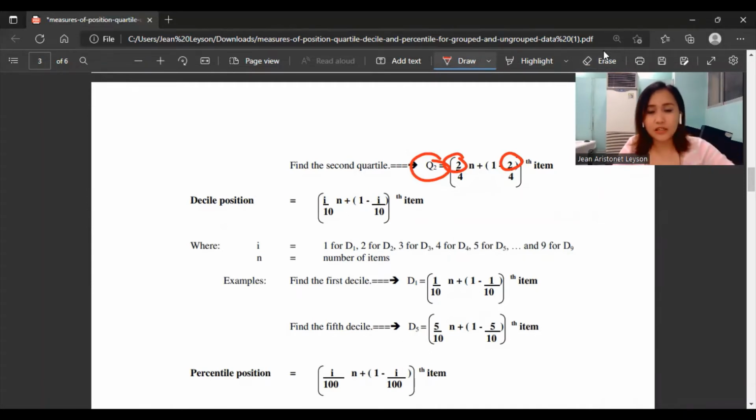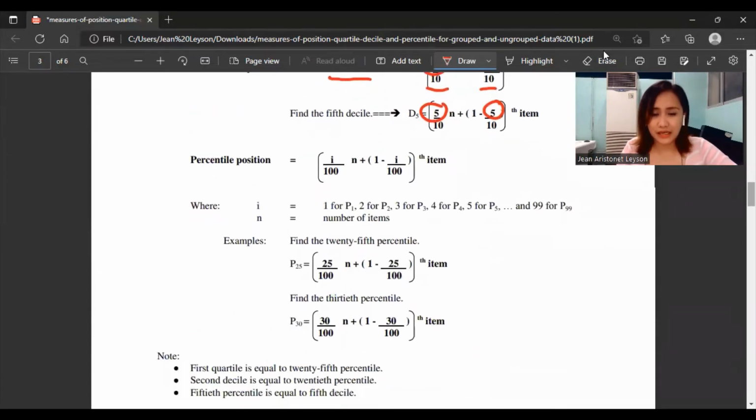So still substitute I with 1, 2, 3, 4, 5, 6, 7, 8, and 9, depending on what decile we are looking for. For the first decile, D sub 1, simply substitute I with 1. For the fifth decile, simply substitute I with 5. And don't forget that the denominator is 10. Okay?